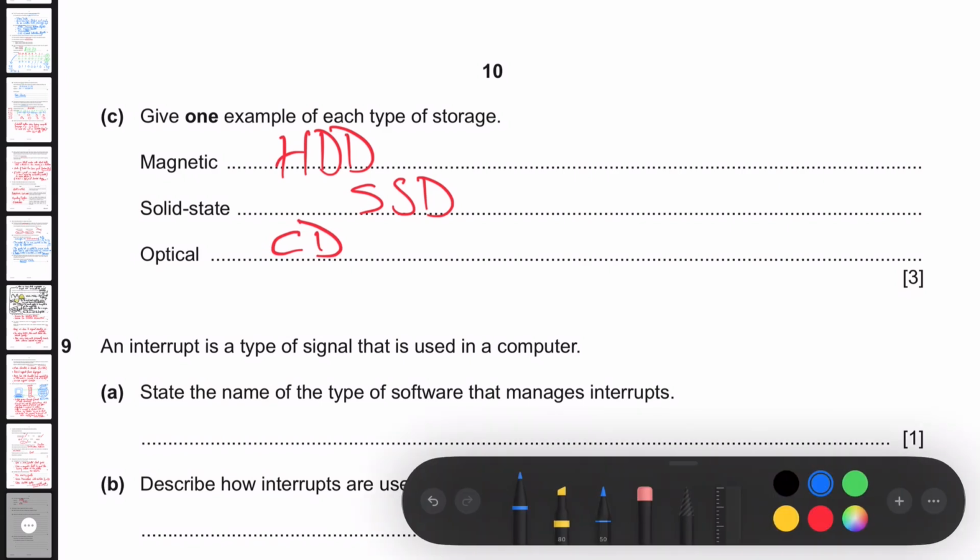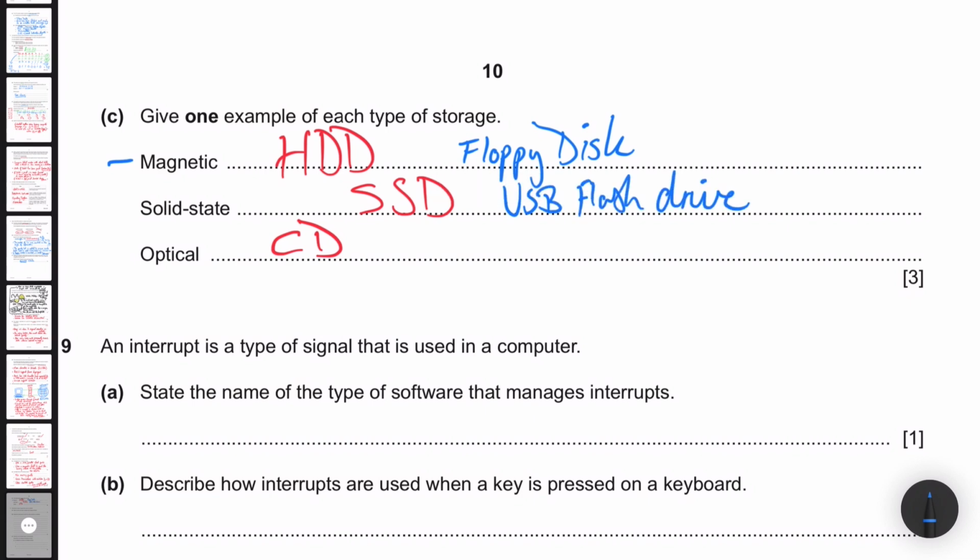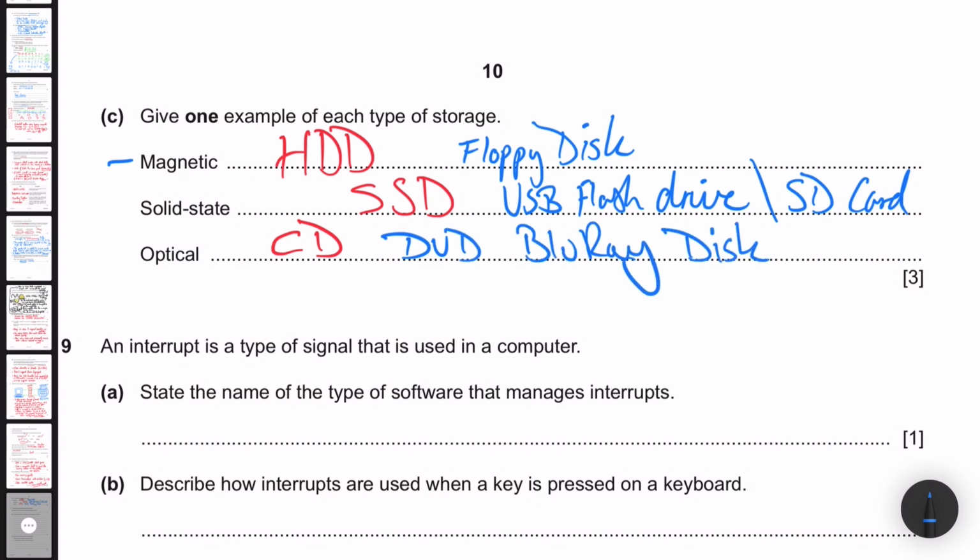Magnetic: back in the day, you may remember the floppy disk. Again, magnetic is old technology. Solid state: a USB flash drive would be a good one, or an SD card in a camera. And optical: a CD or a DVD or a Blu-ray disc. And that would be it.